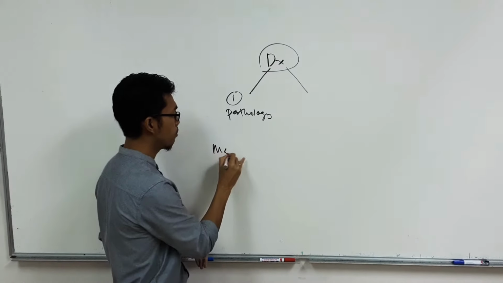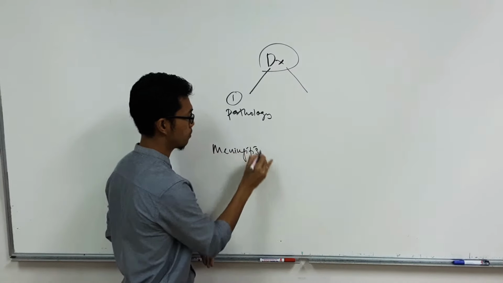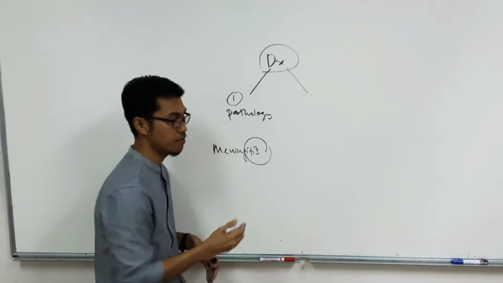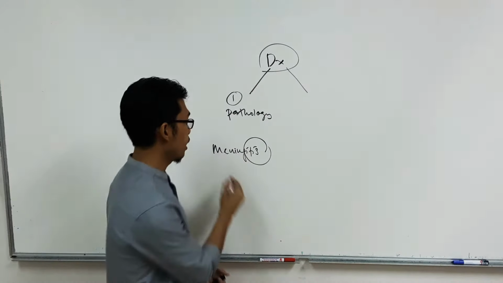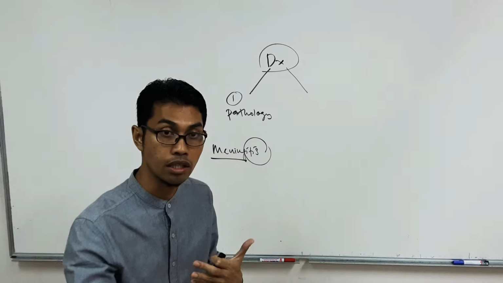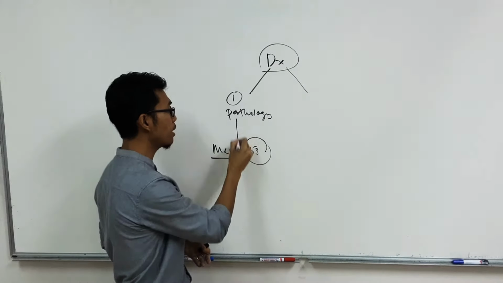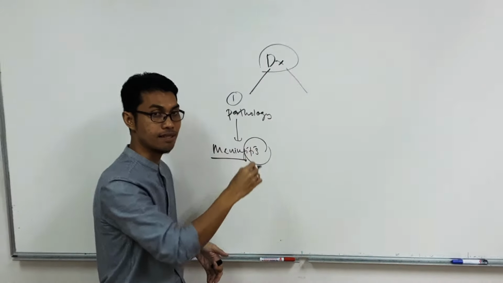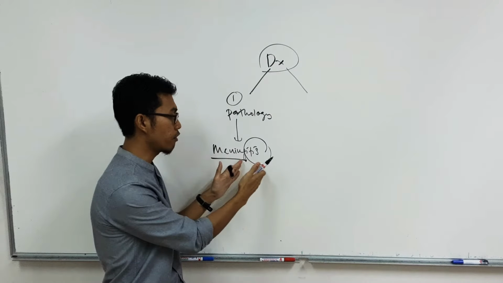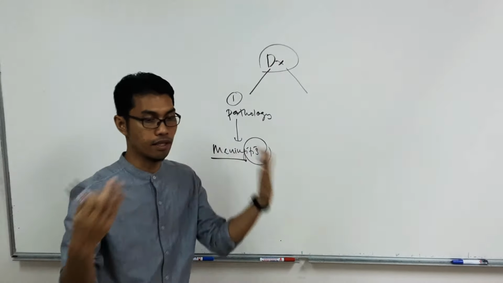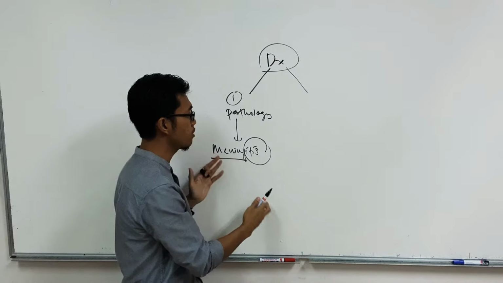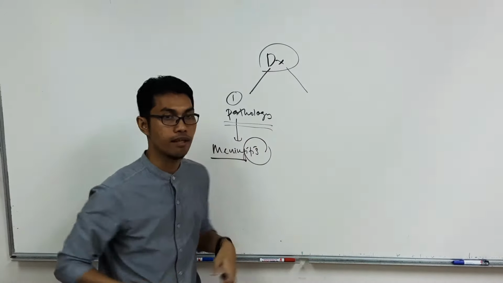You have 'itis' at the back, which means inflammation, and 'meninge' at the front, referring to the specific part of the body, which is the meninges. So by naming the diagnosis as meningitis, you can have some idea that it occurs as a result of inflammation of the meninges. Same as tendinitis, same as appendicitis. So we diagnose certain illnesses based on the pathology involved.